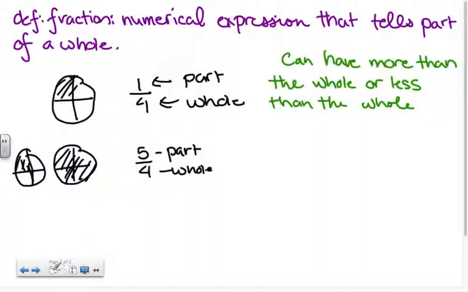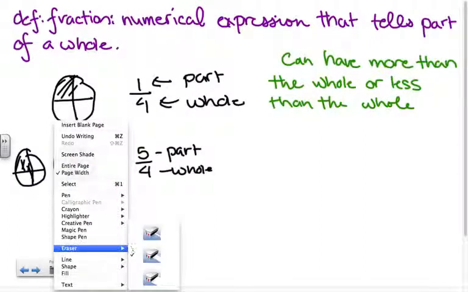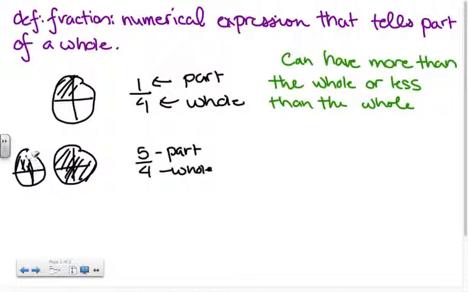Actually, I'm going to erase this. So in this situation, I have 5 pieces out of the 4 total. And that may not make much sense to you. But basically what that means is I'm starting on a second piece. Or, the other way to look at it is I have more than what is necessary.